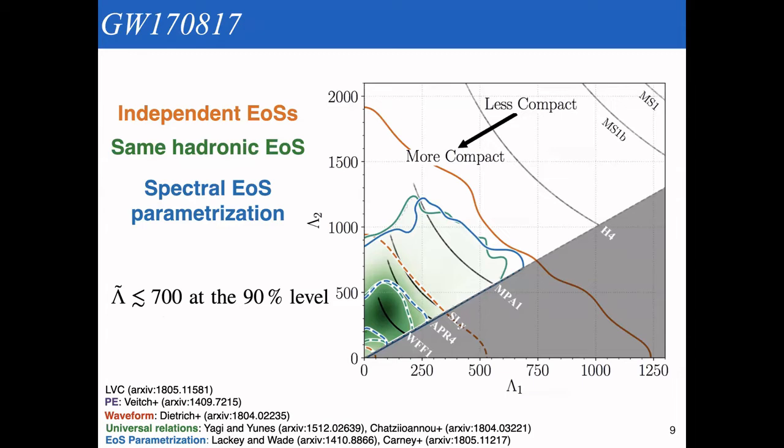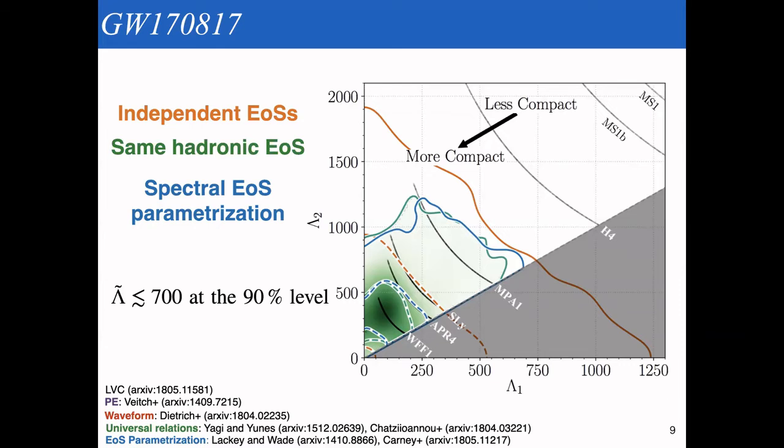And the plot on the right shows you the measurement of the tidal properties of the 2 neutron stars. So you have 2 neutron stars, so you have 2 tidal parameters describing their properties, lambda 1 and lambda 2. And the different colored lines, the orange, green, and blue, show you measurements for tidal parameters under a slightly different analysis and slightly different assumptions.